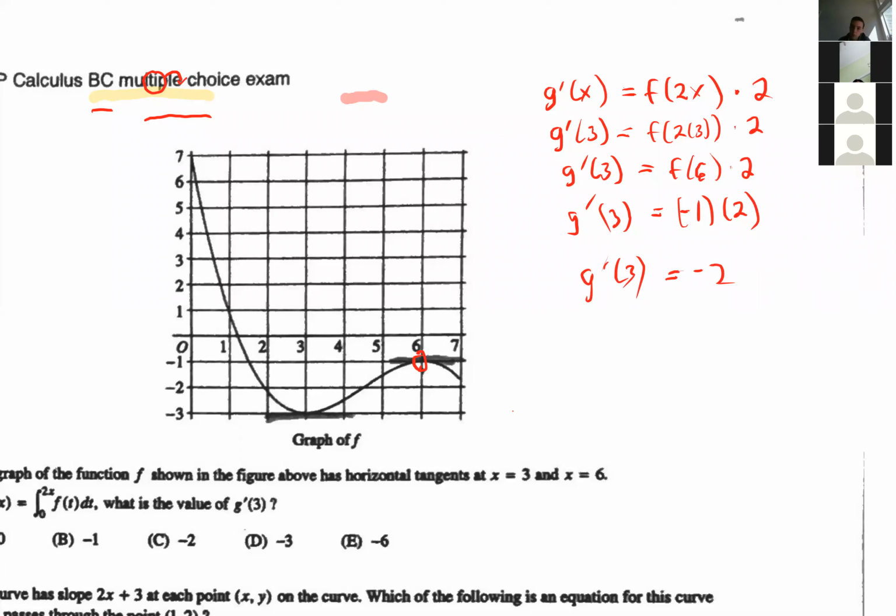So that's letter C. Well, I don't exactly get the times 2 part. Is that because you took the derivative of 2x? Yes. So whenever you have a function as one of your limits of integration, if you go back to your fundamental theorem of calculus notes, there was fundamental theorem of calculus and there's extended fundamental theorem of calculus.